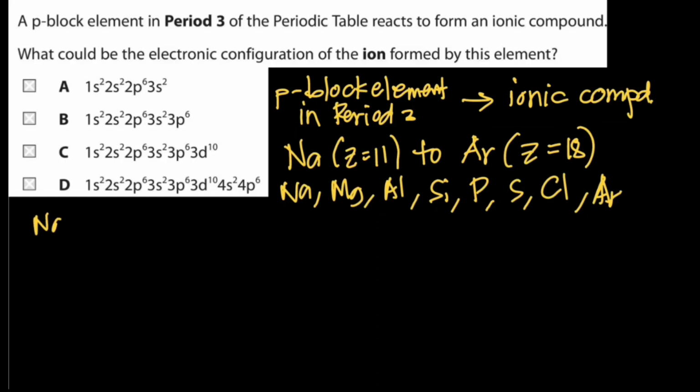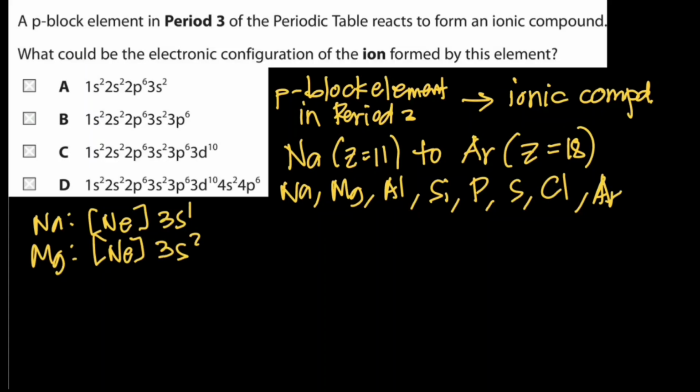So for sodium, with atomic number 11, the core is the same as neon, so this is 3s1. For magnesium, with atomic number 12, still the same as neon, this is 3s2. For aluminum, the same as neon, this is 3s2, 3p1.